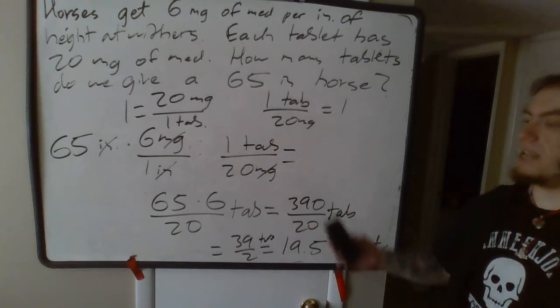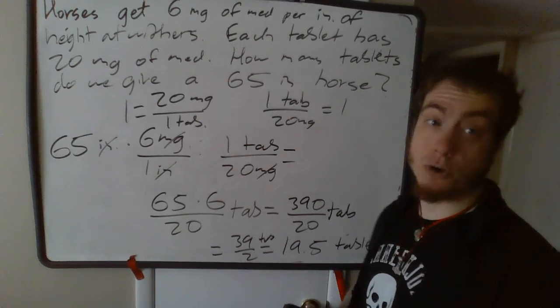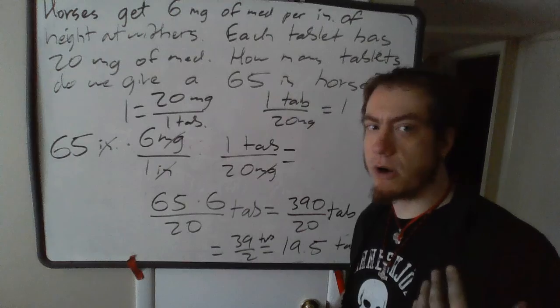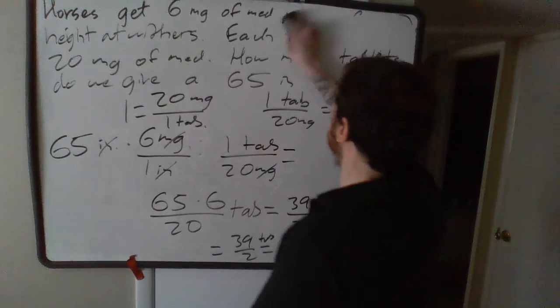So this is the general idea when we're dealing with doses and concentrations of doses. Very similar idea to what we did in the previous video, but now we have to deal with the concentrations as well.